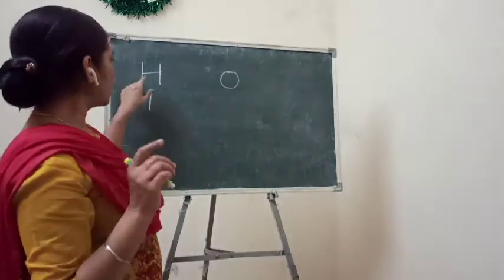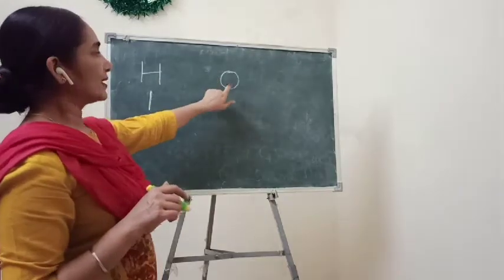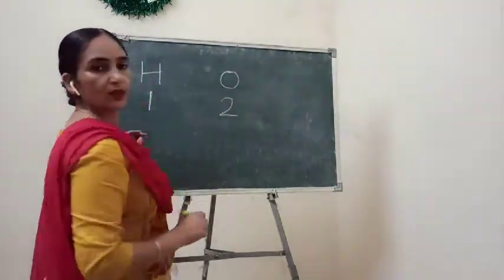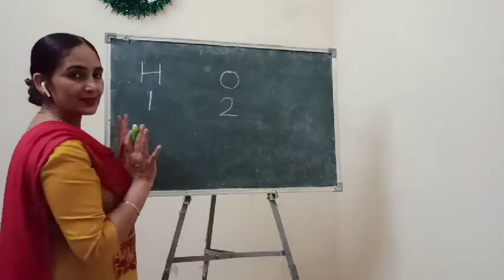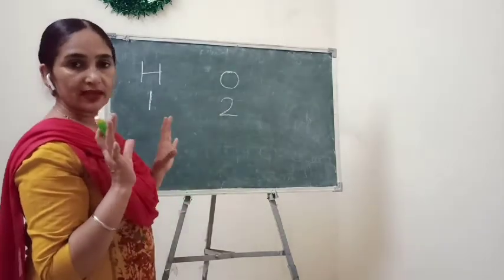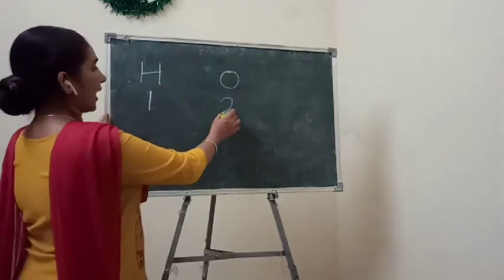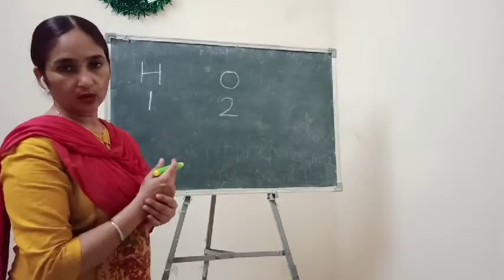So in that you should see hydrogen valency is 1 and valency of oxygen is 2. After writing their valencies, we will see whether they can be simplified more or not.